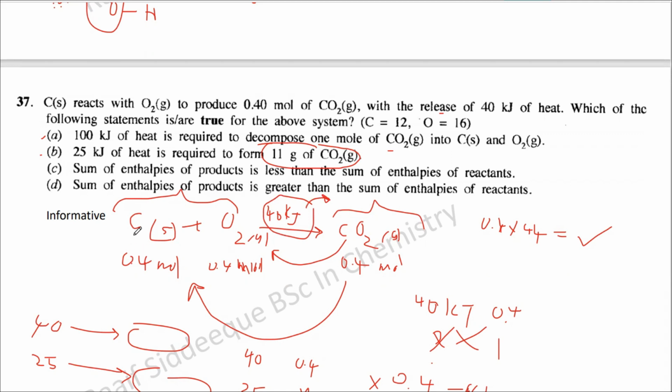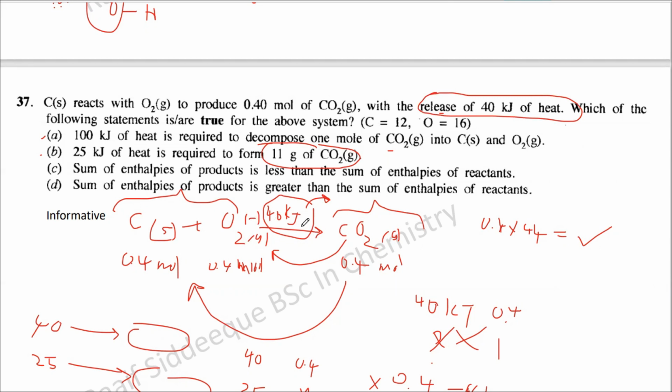Carbon solid exists as a solid in the natural state. Oxygen O2 gas also exists in the natural state as O2. So the formation enthalpy of carbon and oxygen is automatically going to be 0 anyway. But CO2 has to form from carbon and oxygen, right? And when this reaction happens, it releases 40 kilojoule, which means you should understand this reaction is exothermic because it gives out heat energy, right?